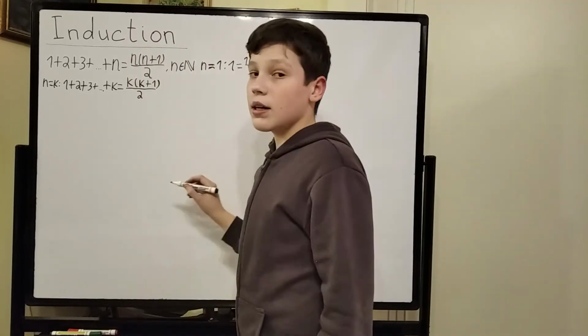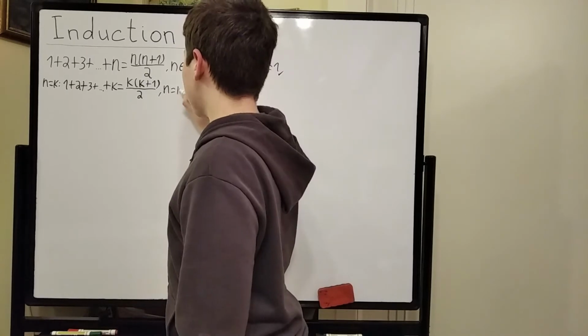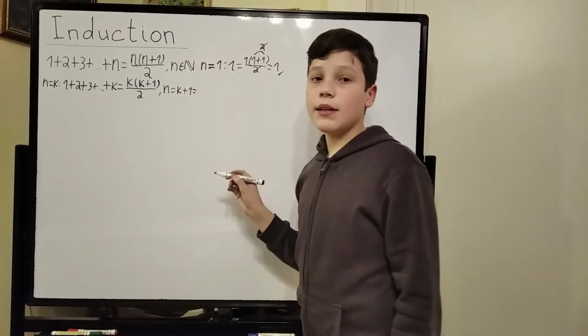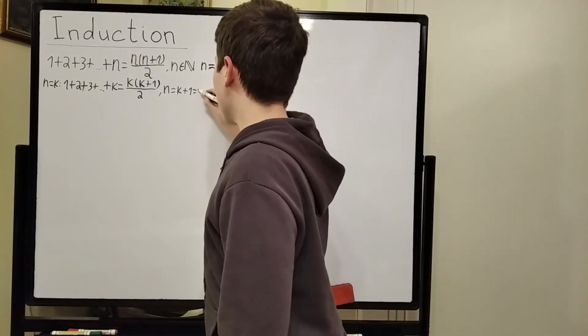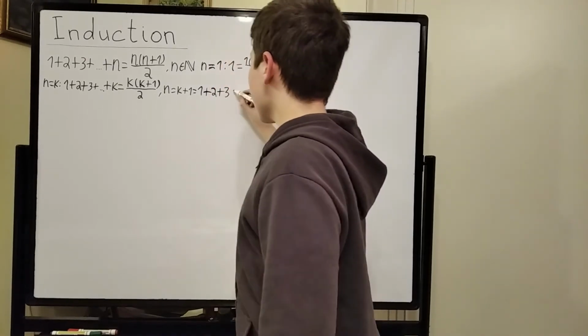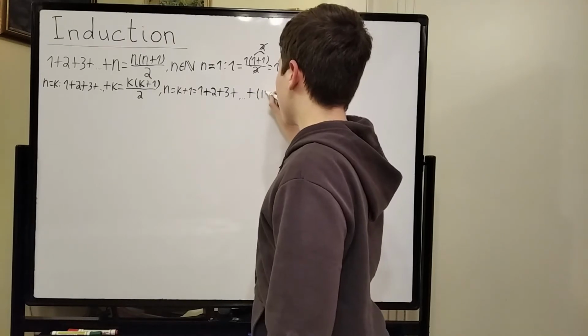Now we're going to look at the n is equal to k plus 1 case. So when n is equal to k plus 1, our sum will be 1 plus 2 plus 3 dot dot dot until k plus 1.